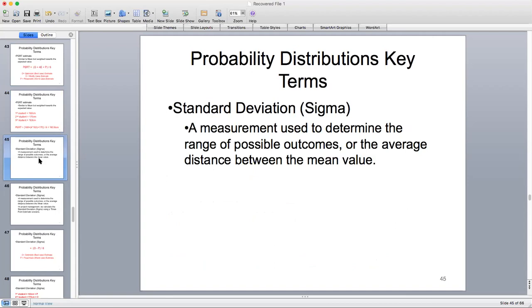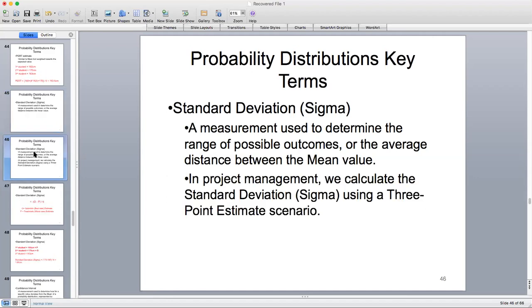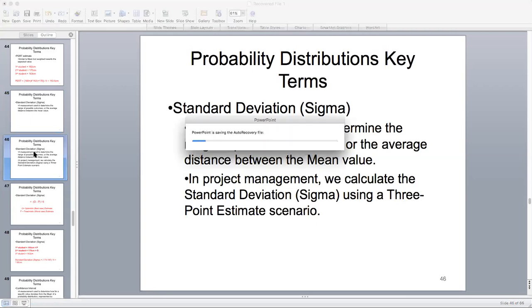In other words, it's used as a unit of measure to communicate how far away something is from the mean value. So as in the example of heights, taller or shorter than the average person in a room or an average person in a sample. So in project management, we calculate standard deviation using a 3-point estimate scenario.